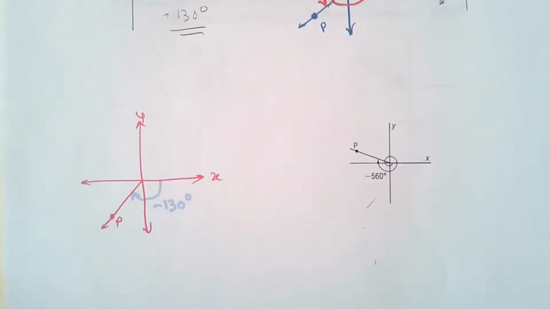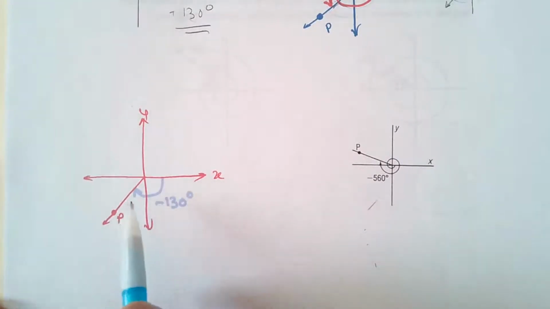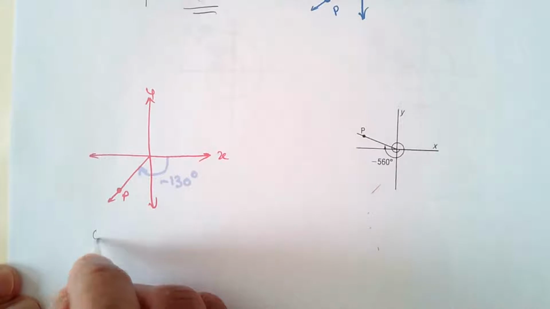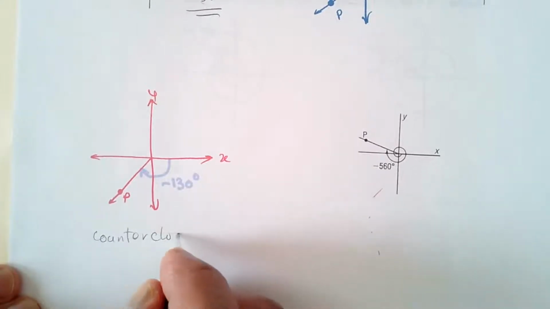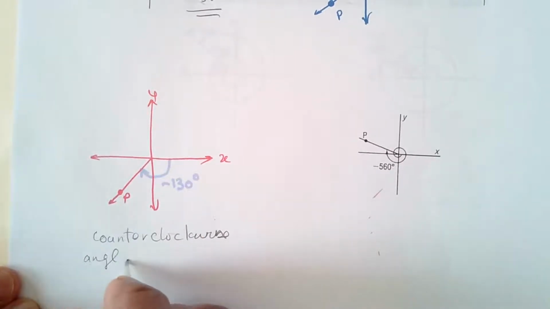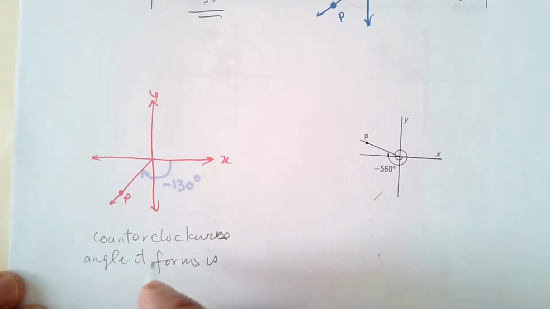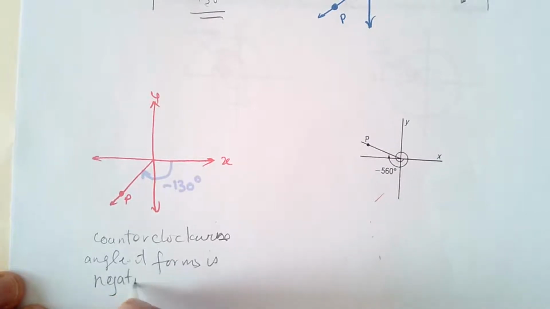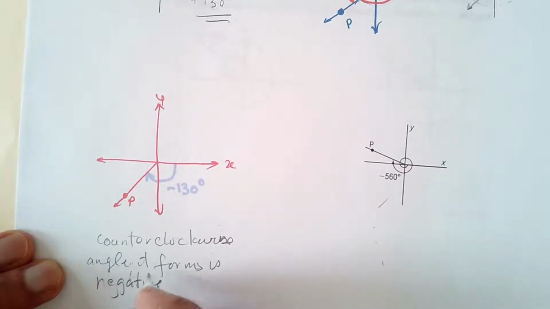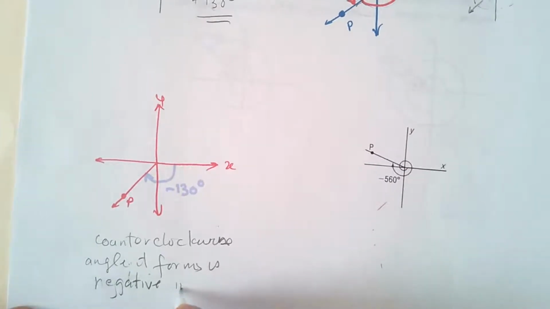Now, if it goes clockwise, as in this example here, the angle it forms is negative. So you see a negative angle in standard position.